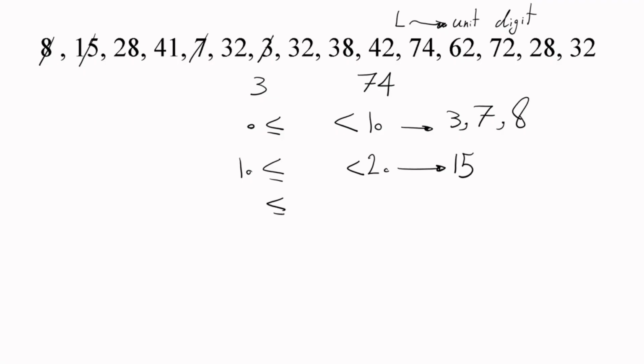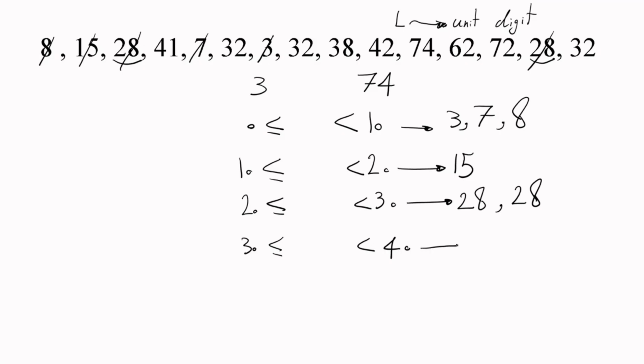When it is between 20 and 30, what do I have? I have two 28s, so 28 and 28. I'm going to cross them out. After that, between 30 and 40, what do I have?